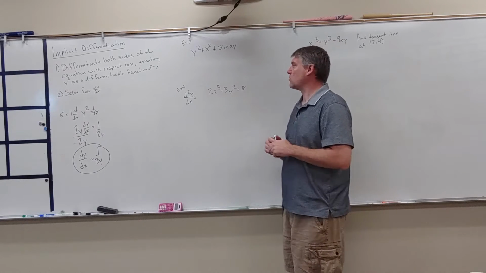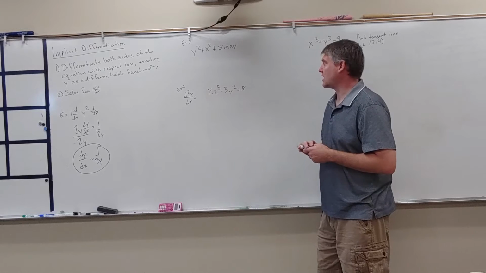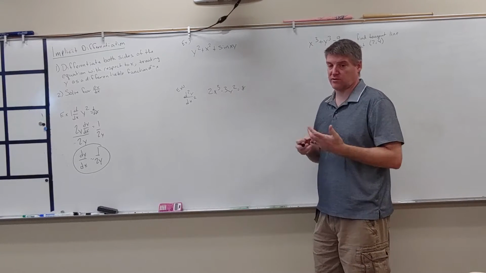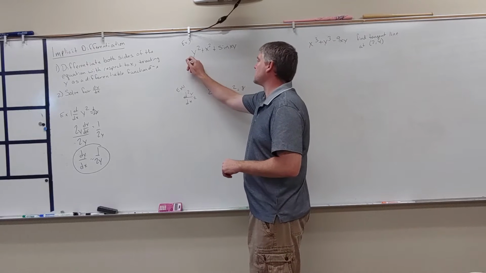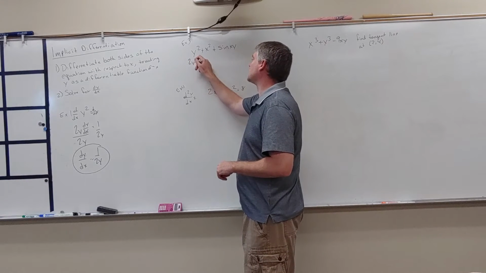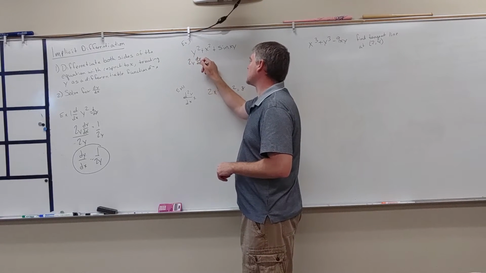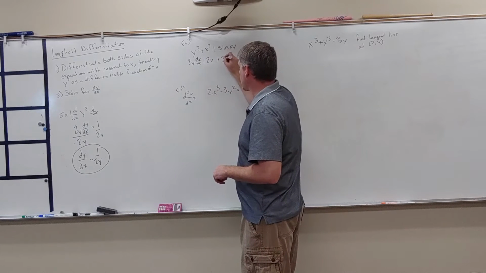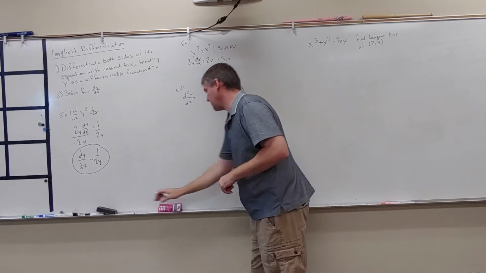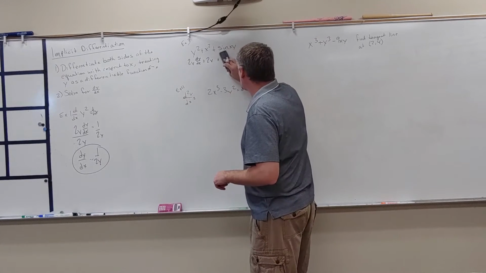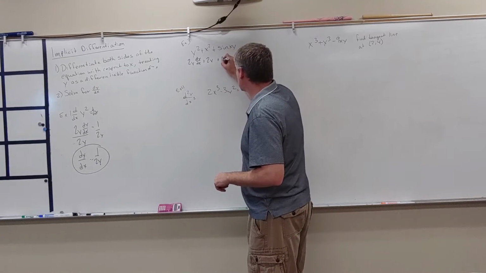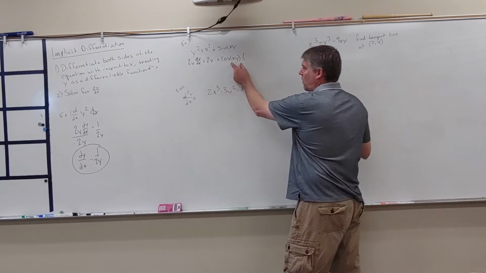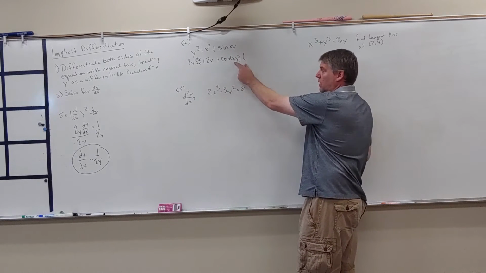So I have y squared plus x squared plus sine of xy. The first thing I'm going to do is take the derivative of this. So this gives me 2y dy/dx plus 2x plus cosine of xy times the derivative of xy.